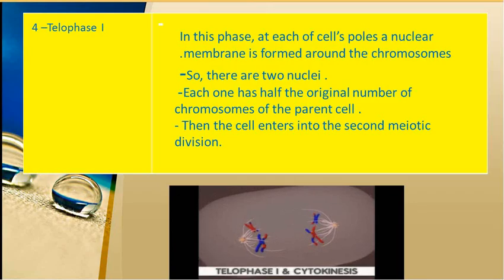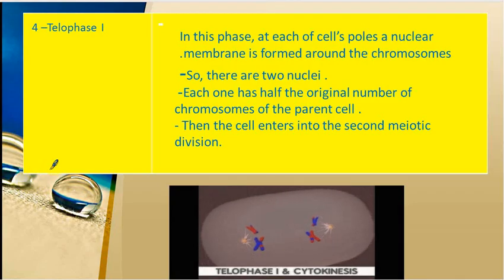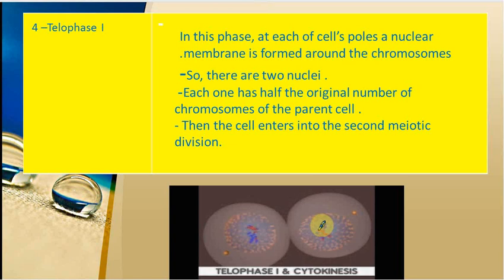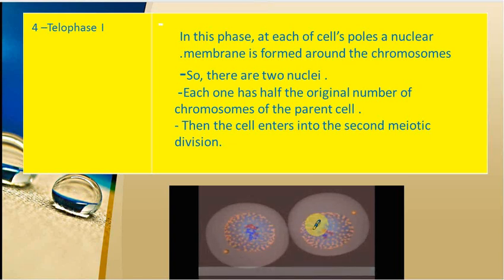In the following video, as you see, the spindle fiber disappeared, the nuclear membrane appeared again, and the nucleolus, and each cell of them has half the number of chromosomes of the parent cell.